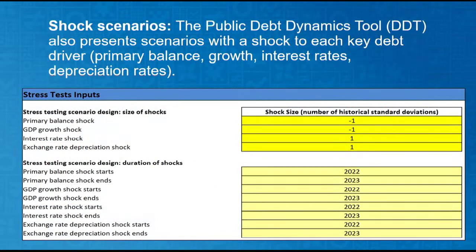We also have in the DDT a shocks scenario, one shock scenario for each of the key debt drivers. If you go to the README worksheet of the DDT, you can choose the size of the shocks for each variable, and you can choose the duration of the shock.